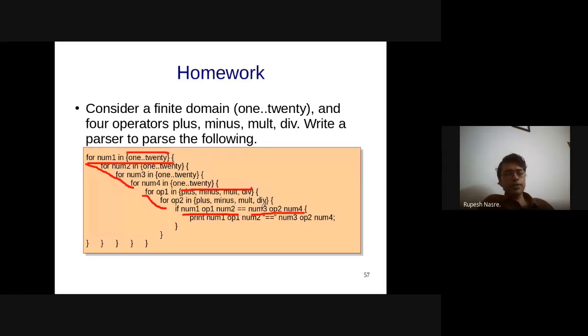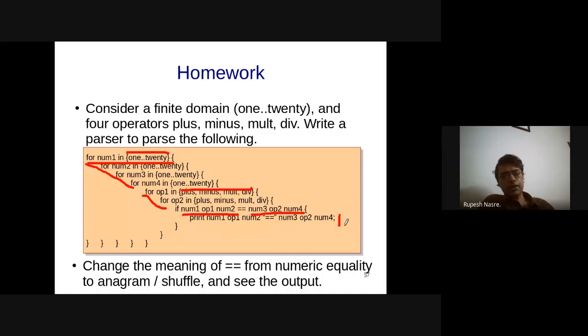And if these match, for example, I should be able to say 3 plus 1 equals 2 plus 2, something like that. Then you have to print all these combinations. The second part of the homework is that if you replace that equal to, that is, go from numeric equality to an anagram, what is the output that you get? And if you find some interesting output, please let me know.